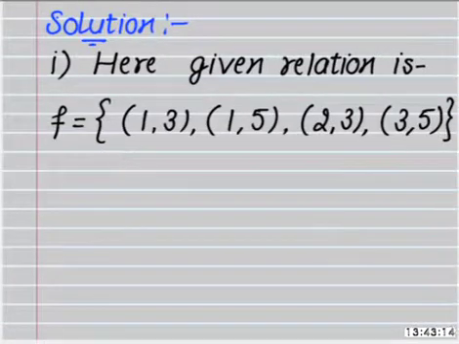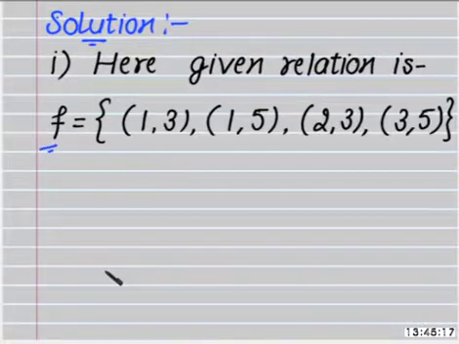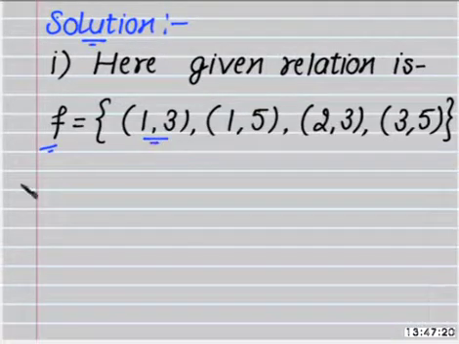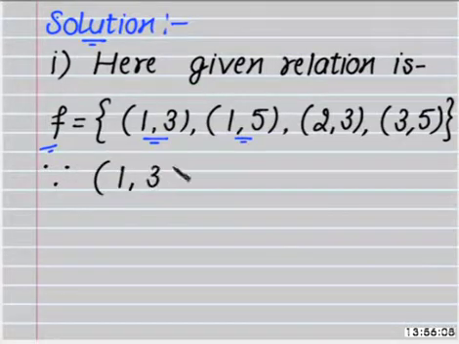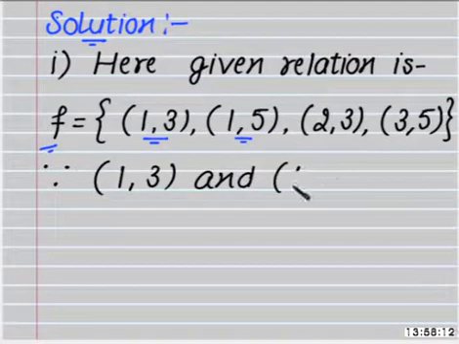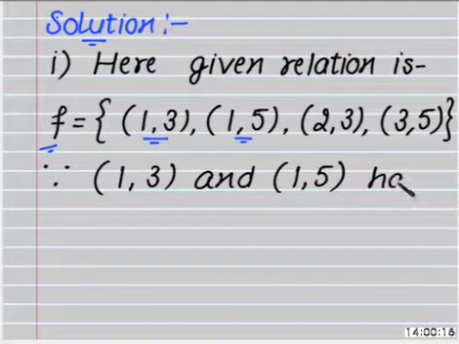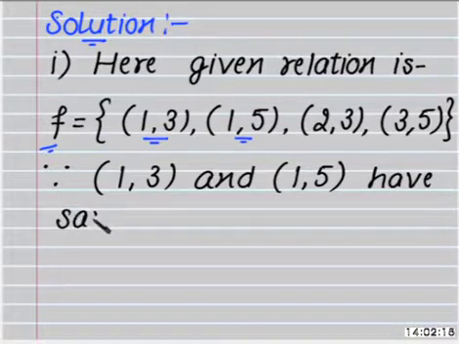So in f we find that ordered pairs (1, 3) and (1, 5) have the same first element, that is 1.